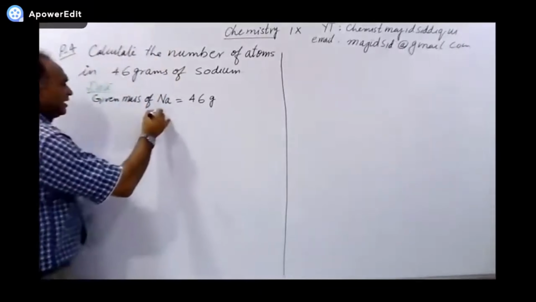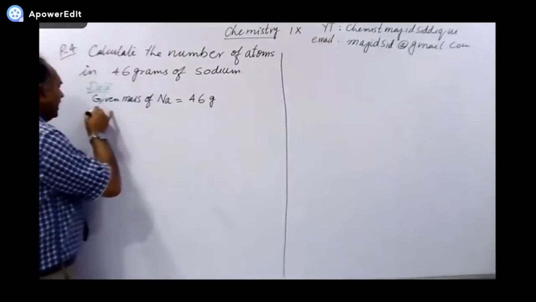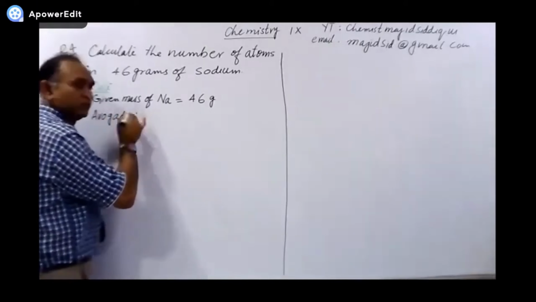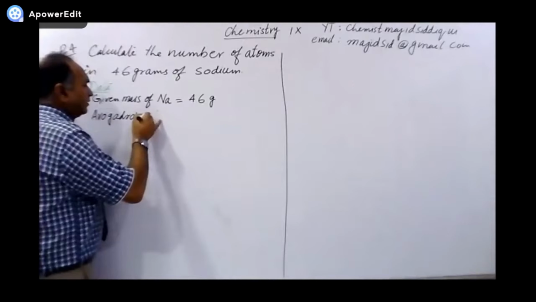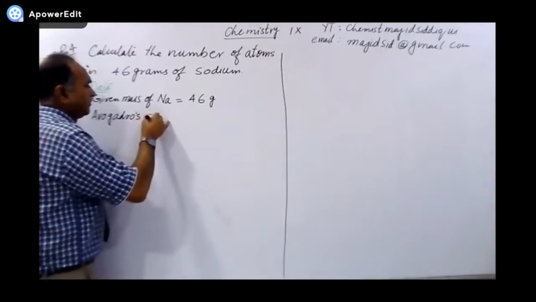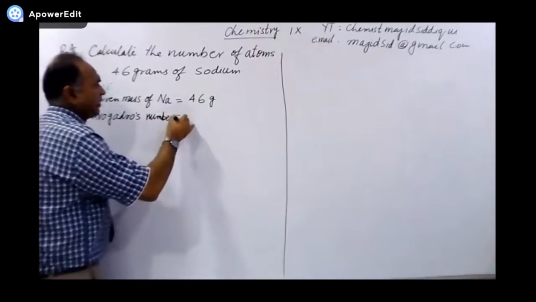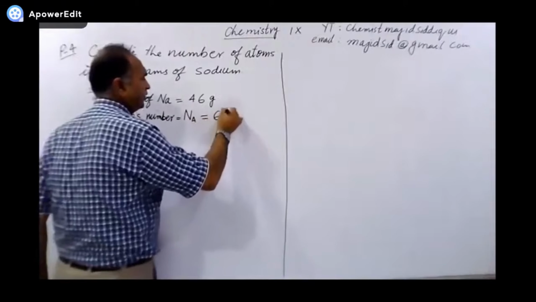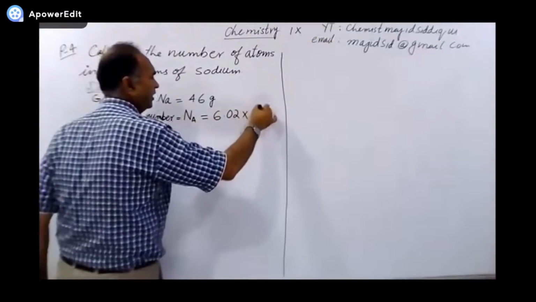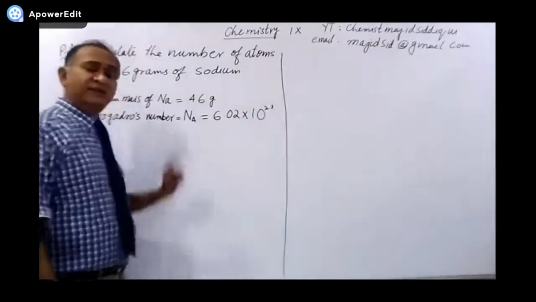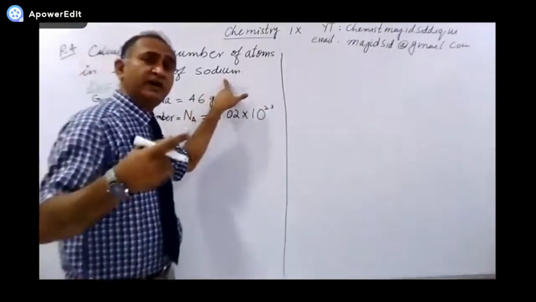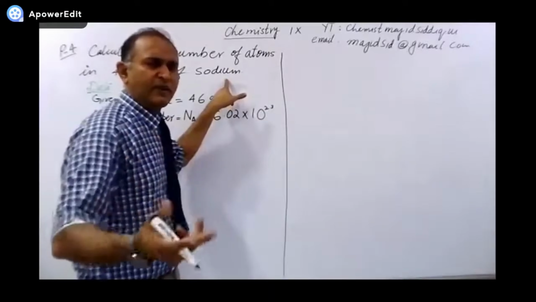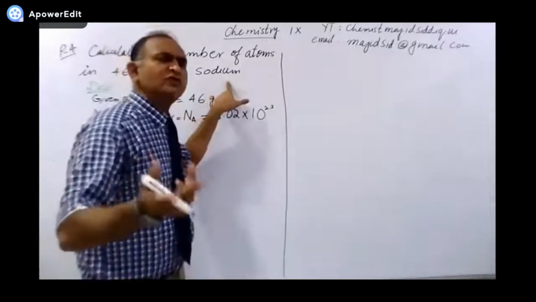Okay? So that's why I write here Avogadro's number represented by, what is the value? 6.02 into 10 to the power 23. And since it's an atom, so at the end of the question paper, either in the board exam or in assessment or in test, its atomic mass will be given to you.